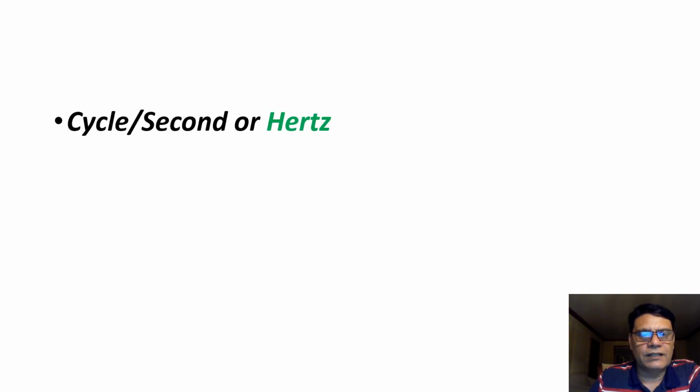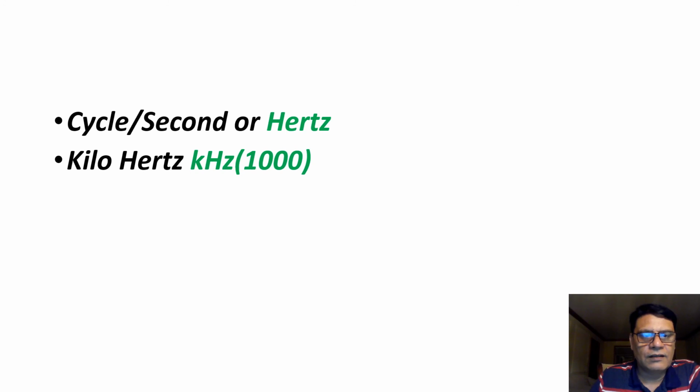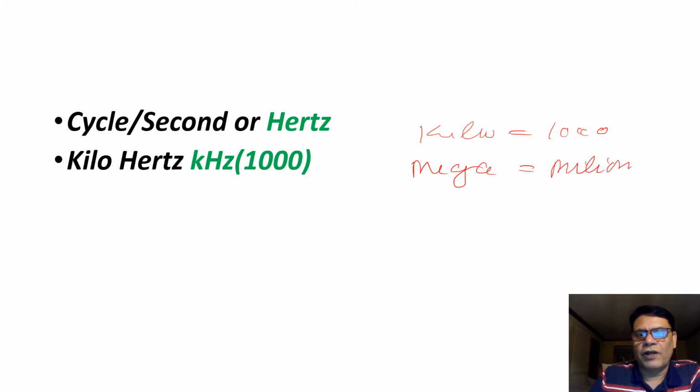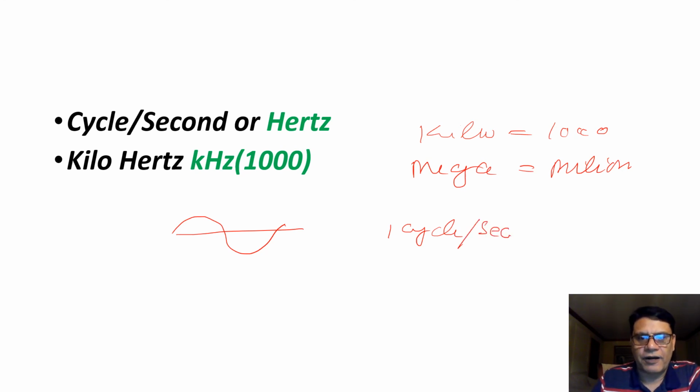So cycle per second is called hertz, kilo means 1,000, and mega means million. When you say the frequency is 1 hertz, it means 1 cycle per second. One cycle is passing through a specific point in 1 second.